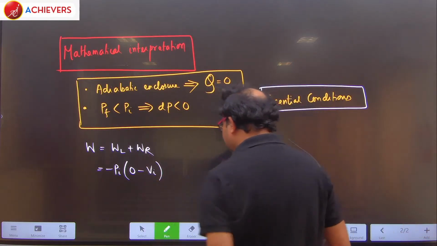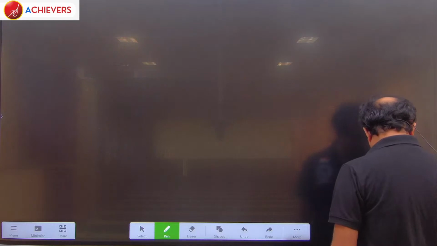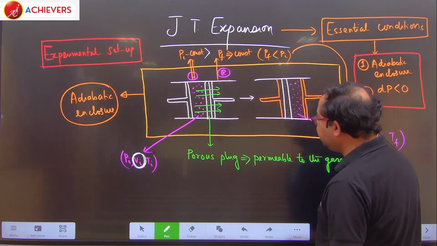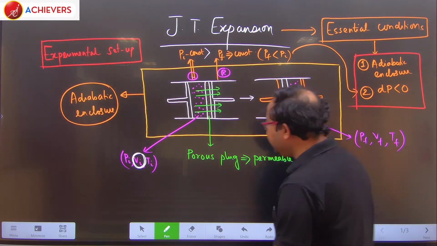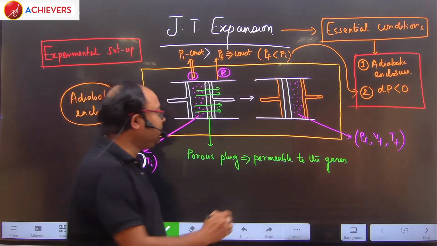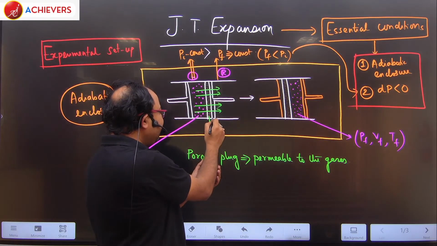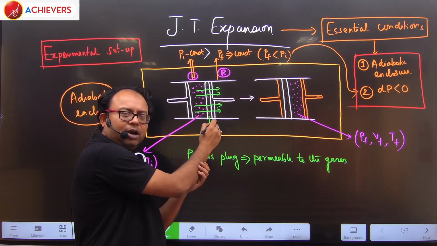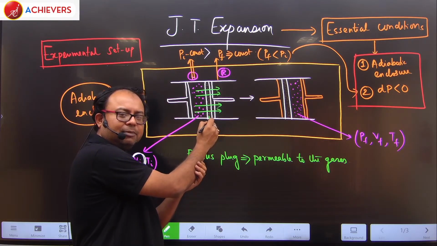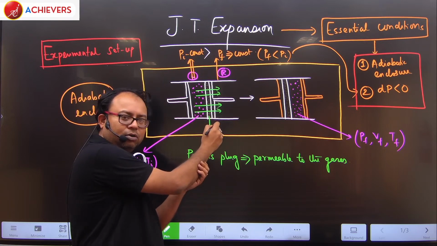Now let's move on to the right hand side. What is happening in the right hand side? You see, in the right hand side the initial volume was 0. Initially in the right hand side, what do you find? We find that the piston is in contact with the porous plug. So the initial volume in the right hand side was 0.